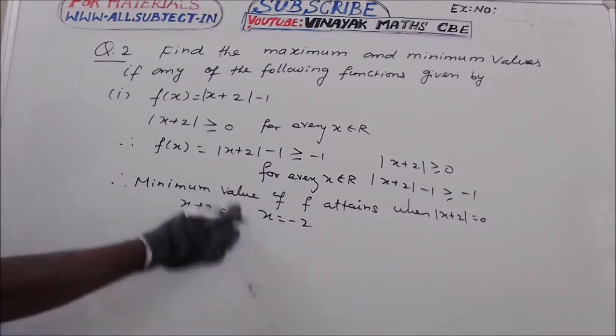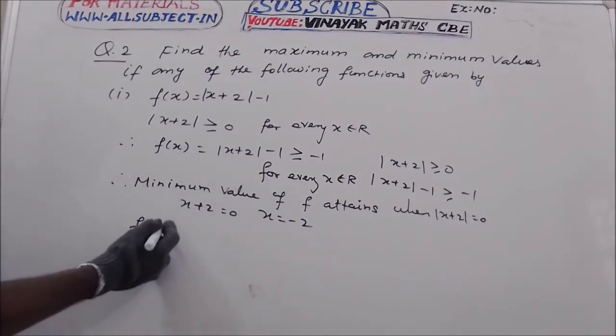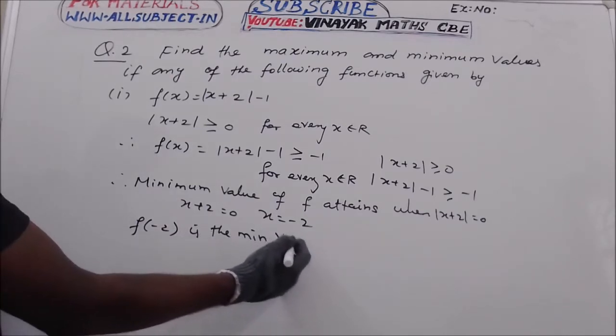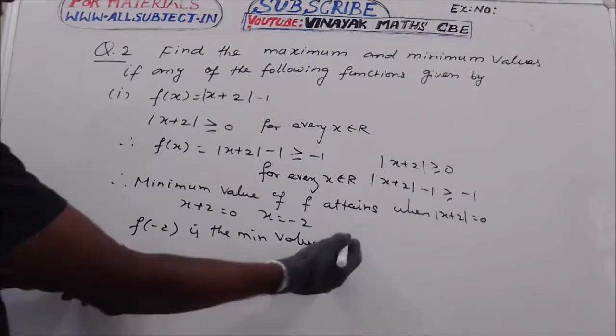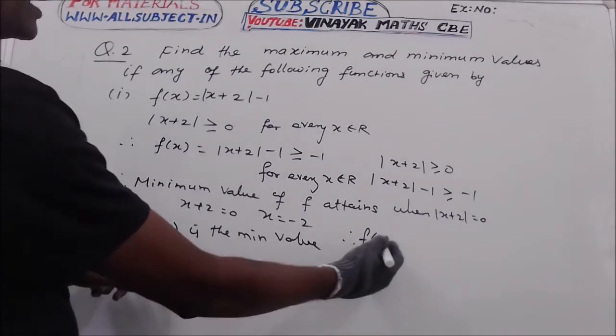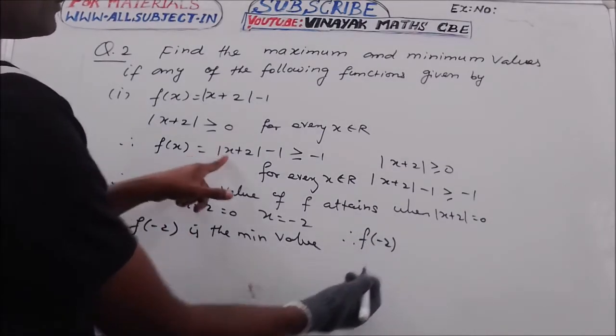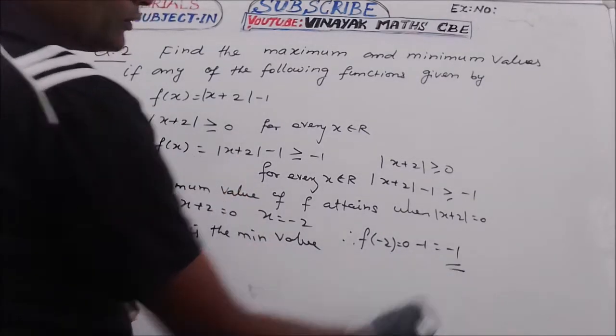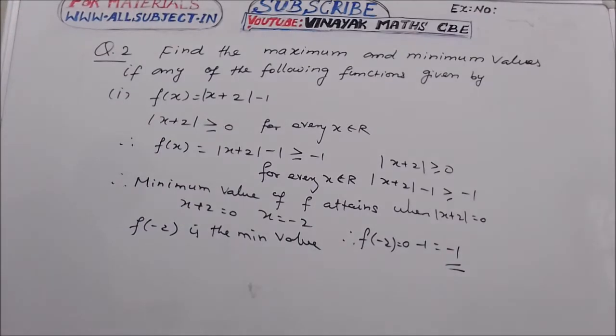When x is equal to minus 2, f of minus 2 is the minimum value. Substituting, f of minus 2 equals minus 2 plus 2, which is 0, 0 minus 1 equal to minus 1. So minus 1 is the minimum value.